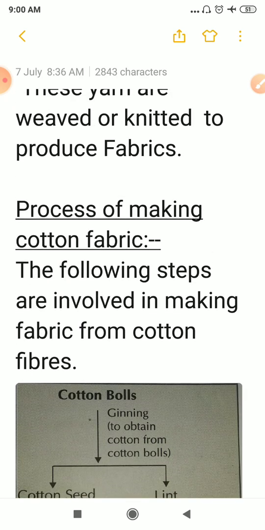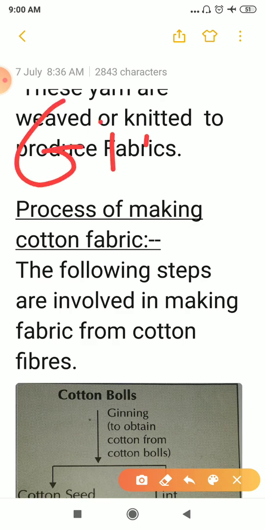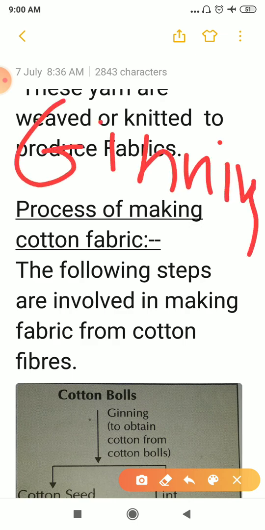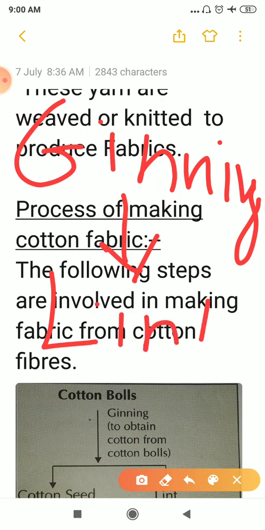In the process of making fabric from cotton fiber, there are some terms. First is ginning. After ginning, lint is ready. From this lint, we make yarn by the process called spinning.